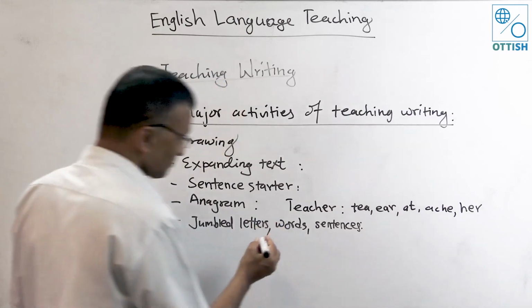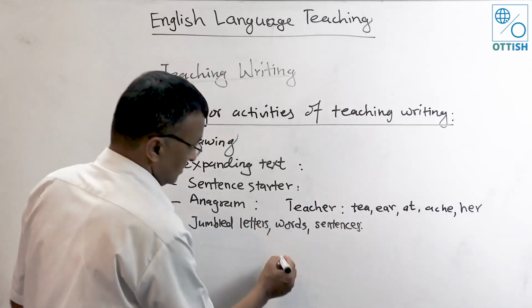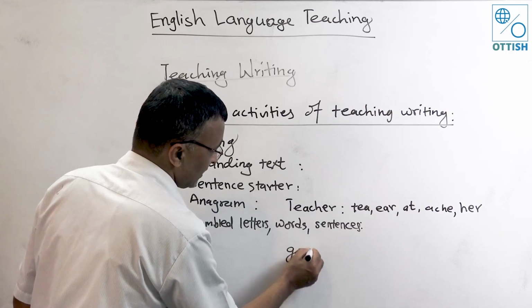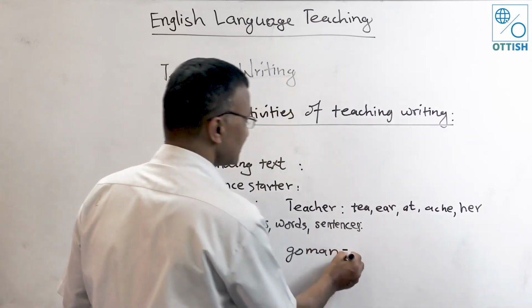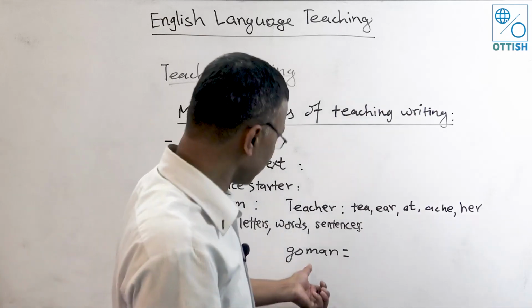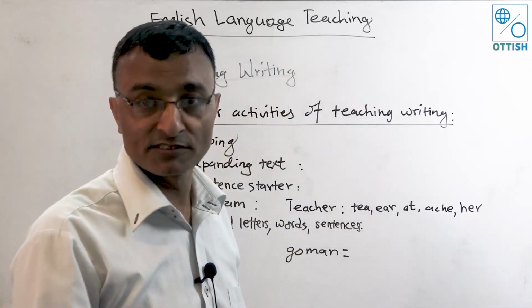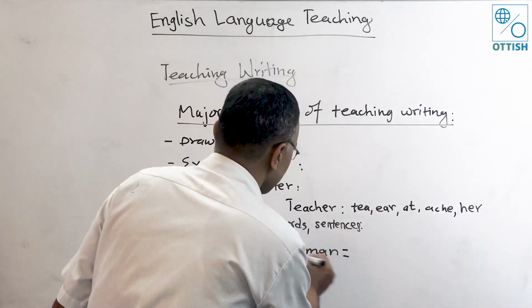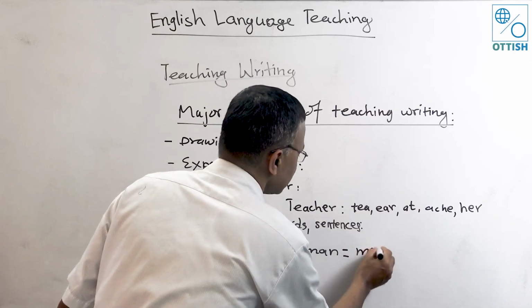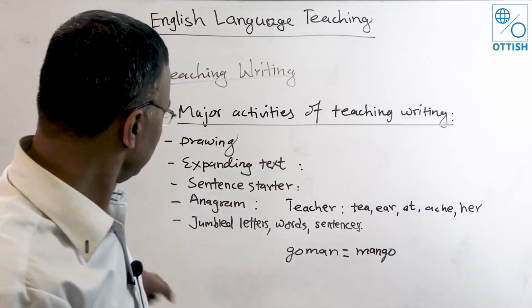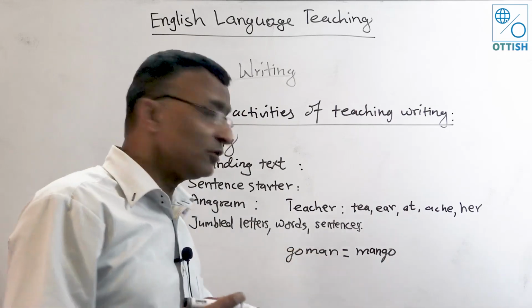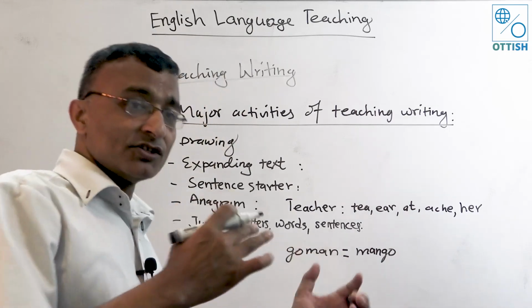For example, G-O-M-A-N, if given, the students are asked to make a meaningful word from this. So, from this, the students make the word like this, mango. So, jumbled letters.